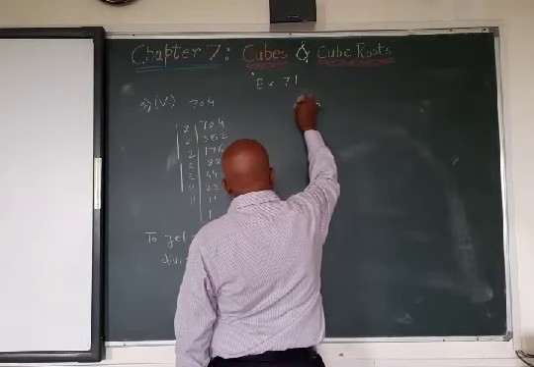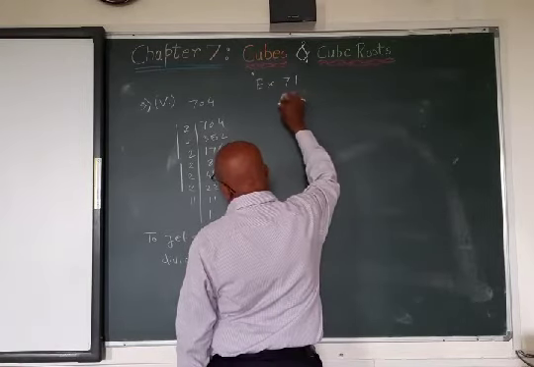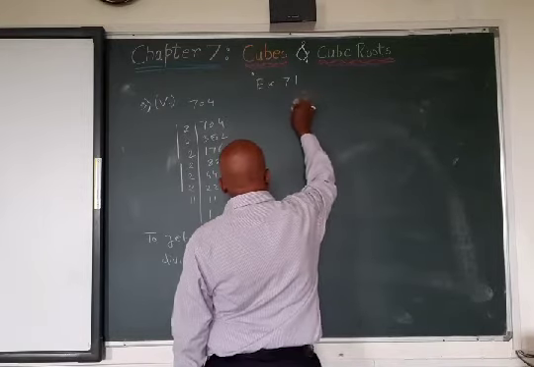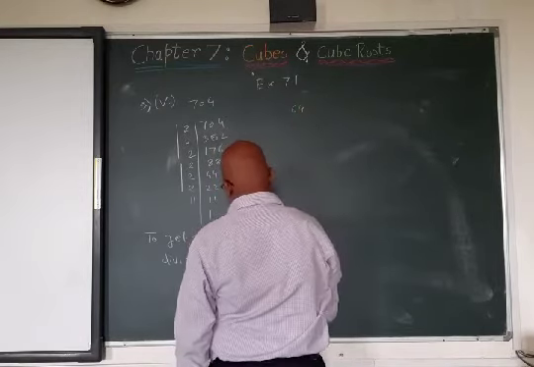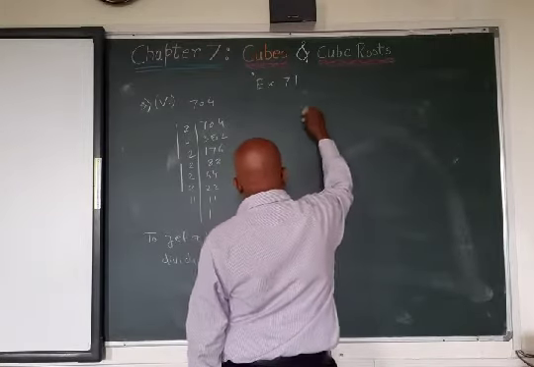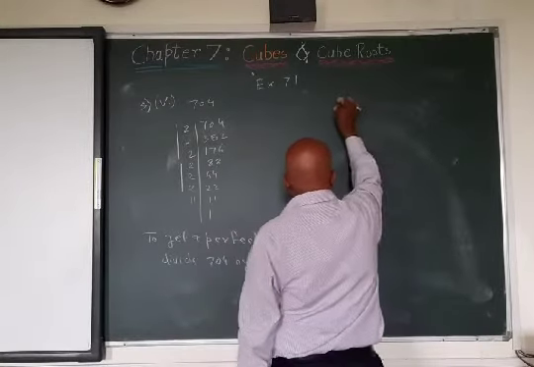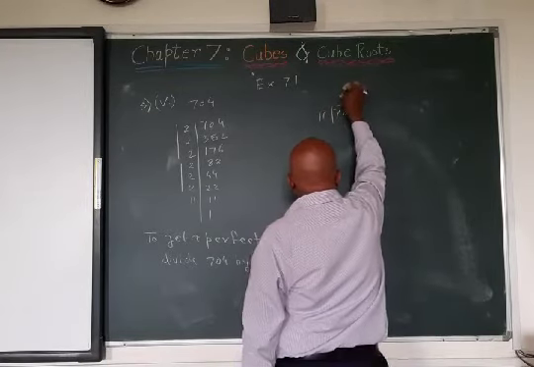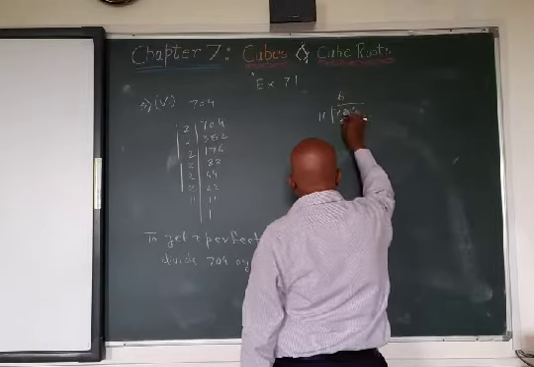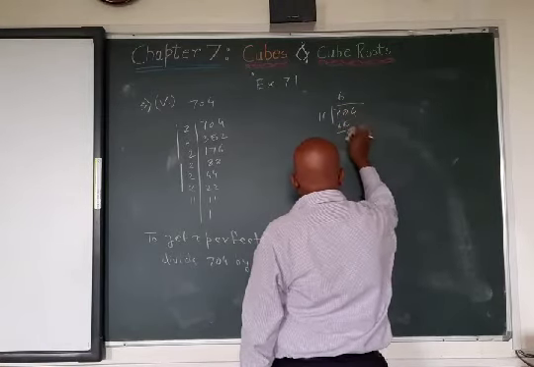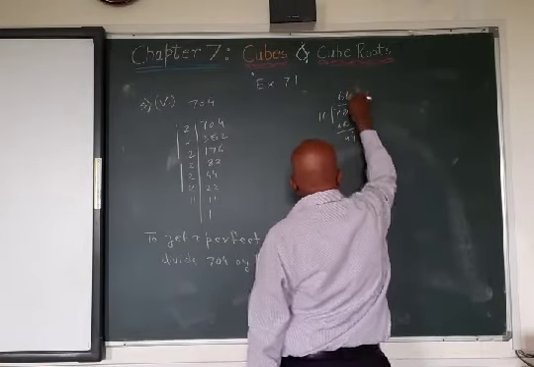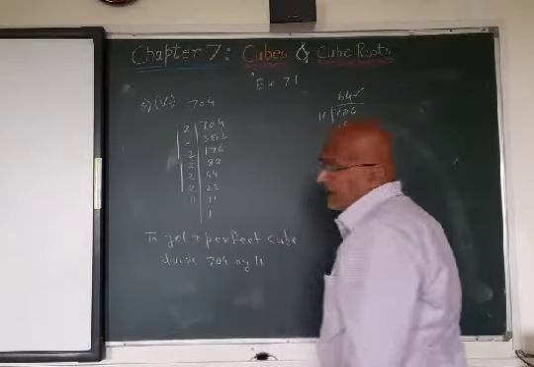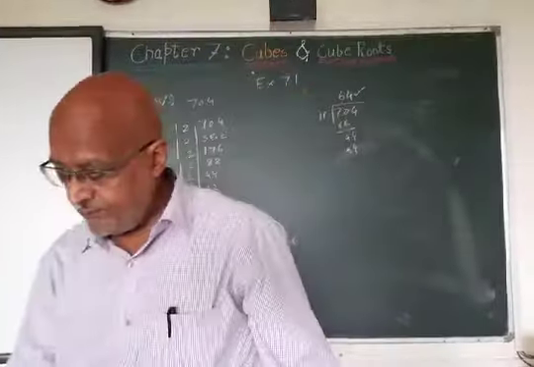You get 4 cube. When you divide this by 11, you will get 64. Let's cross check. 704 divided by 11. You get 11 6s are 66 here. 2 remains 44. 11 4s are 44. So 64 is that perfect cube number.